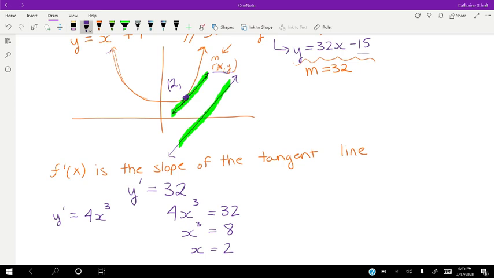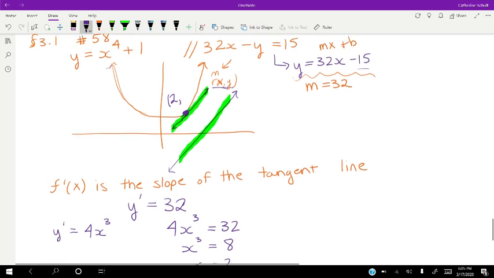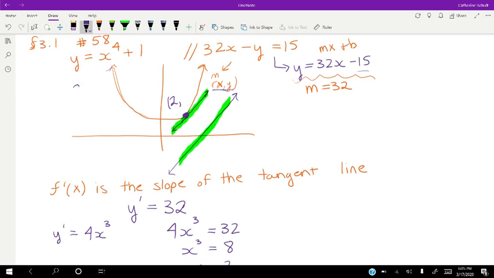Okay, and so if x is equal to 2, what's going to be the y value? All right, 2 to the fourth is 16. 16 plus 1 is 17. So the ordered pair is (2, 17), okay? Woo!